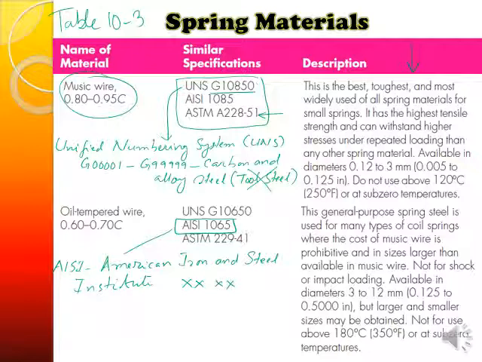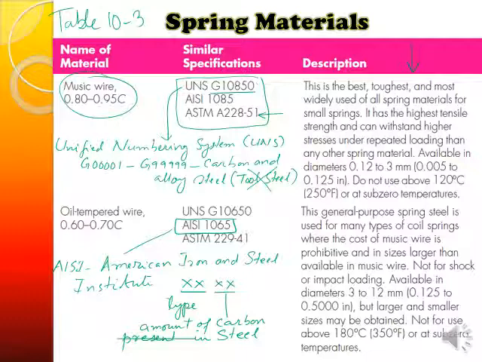The first 2 digits define the type, and the last 2 digits define the amount of carbon present in steel.